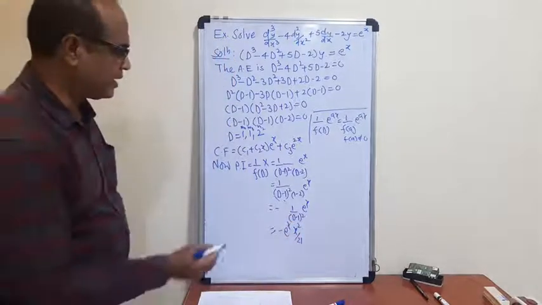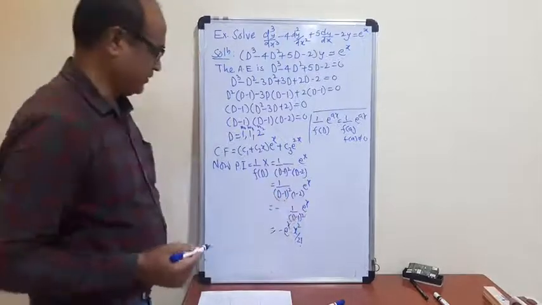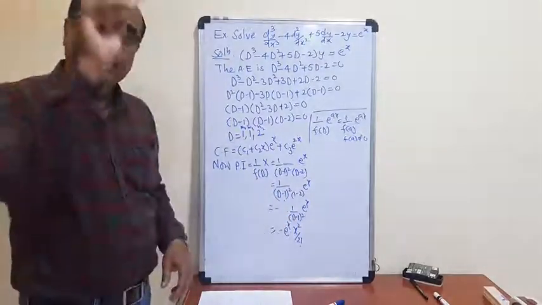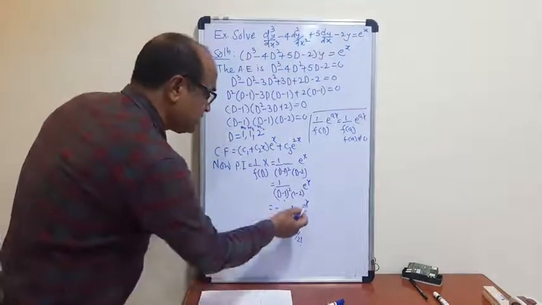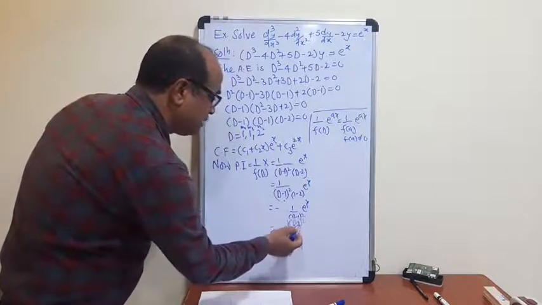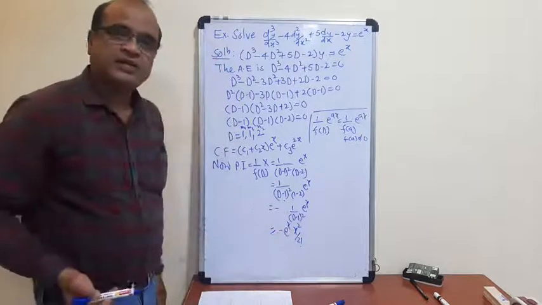So this is minus here and this is as it is. If this factor D minus 1 is repeated 3 times, then e raised to x into x cube divided by 3 factorial.